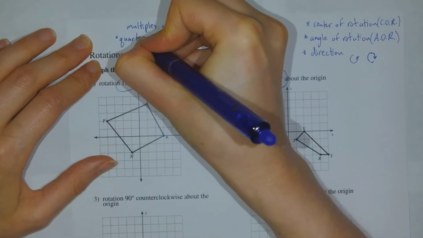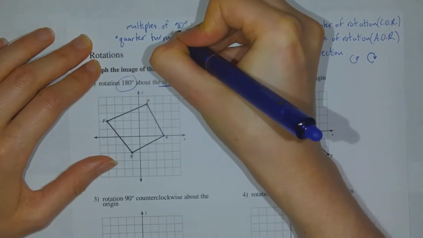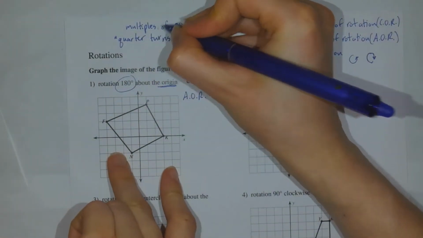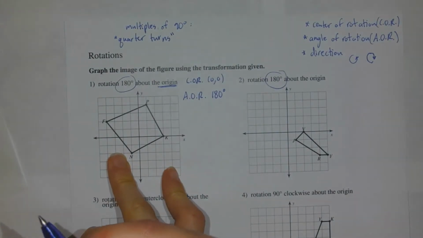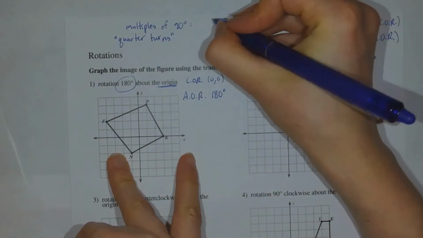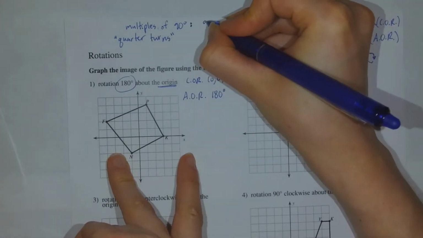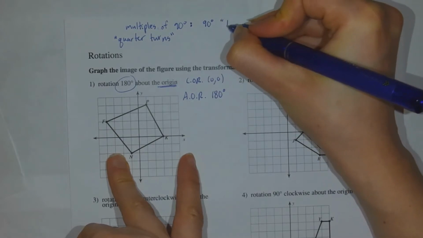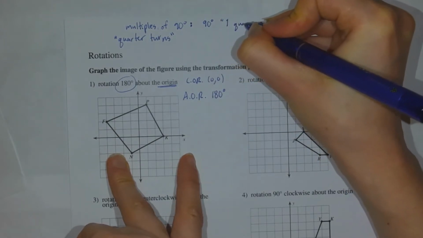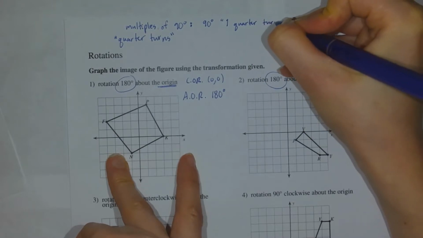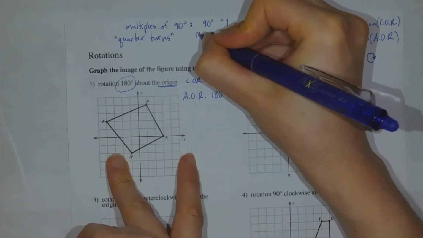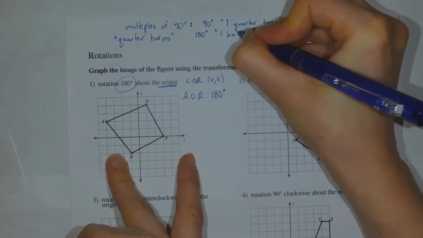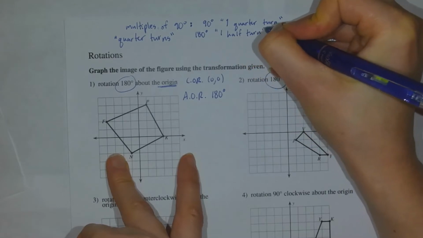Quarter turns, just like when you're looking at a clock, you have a quarter past 2, half past 8. We can describe a 90 degree turn as a 1/4 turn. A 180 is like 2/4 turns, which is a 1/2 turn.